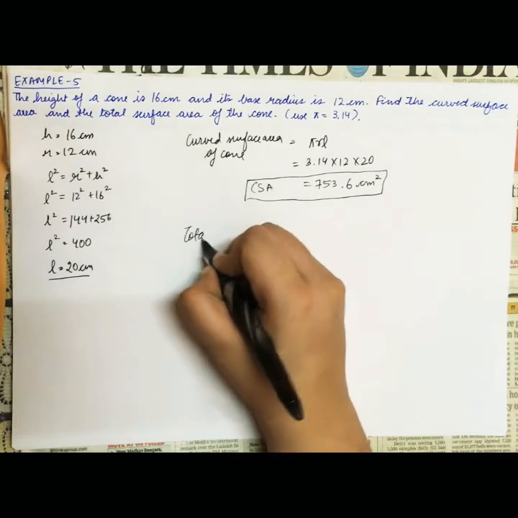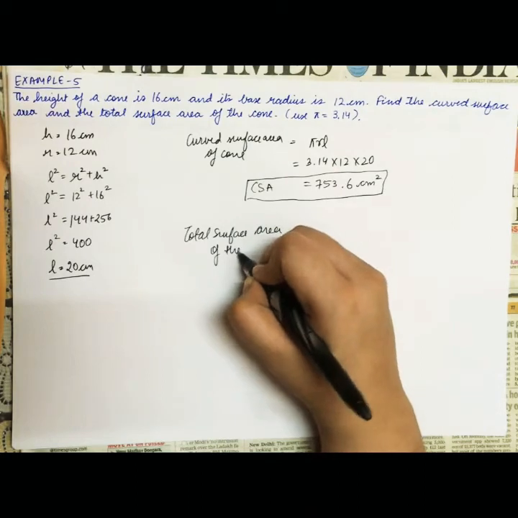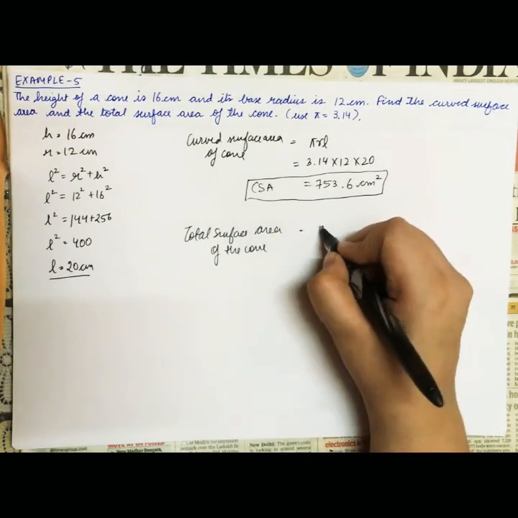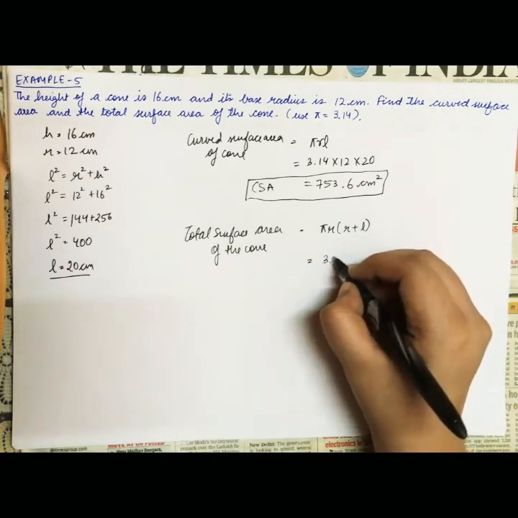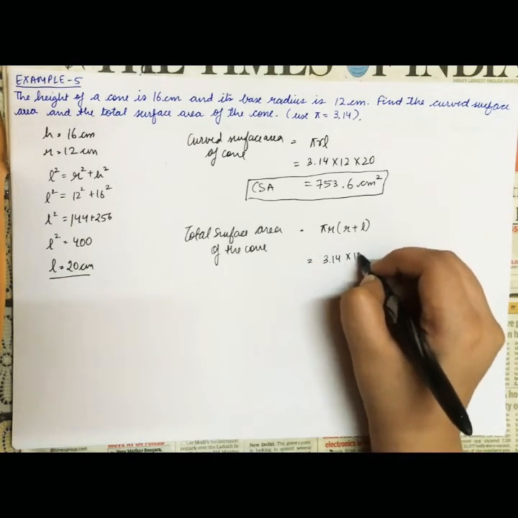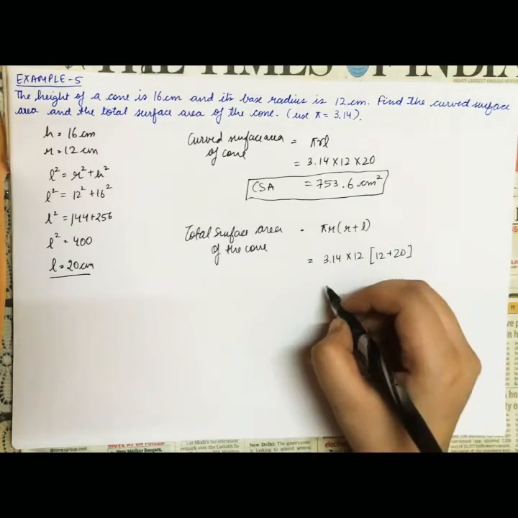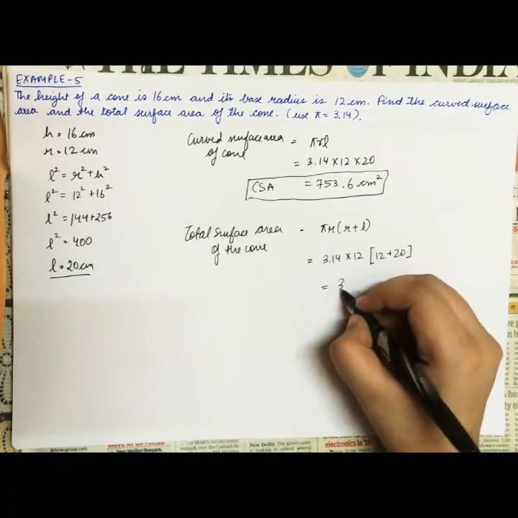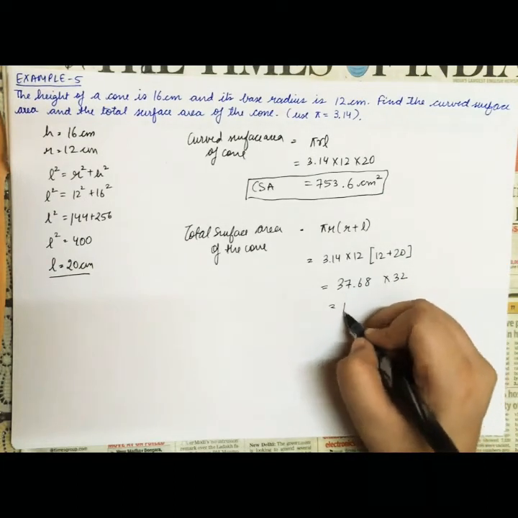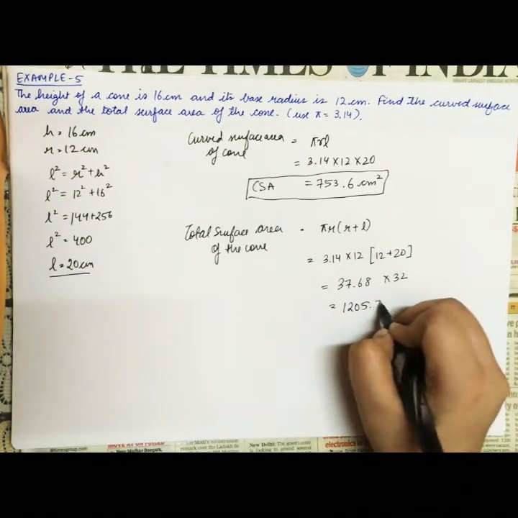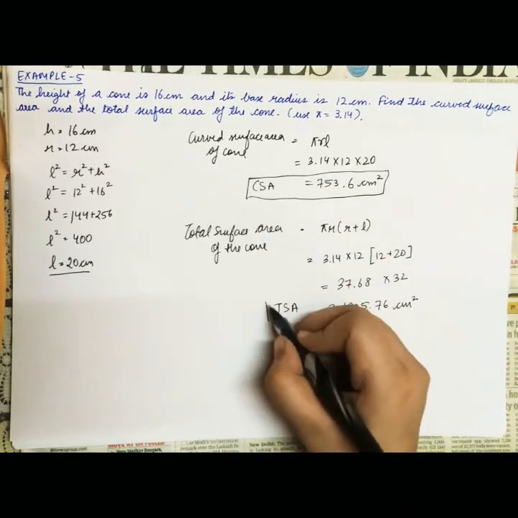Now, total surface area of the cone. The formula is pi r (r plus L). We put the values that are 3.14 into 12 bracket 12 plus 20. Therefore, it will be equal to 37.68 into 32, which is equal to 1205.76 centimeter square, which is the total surface area of the cone.